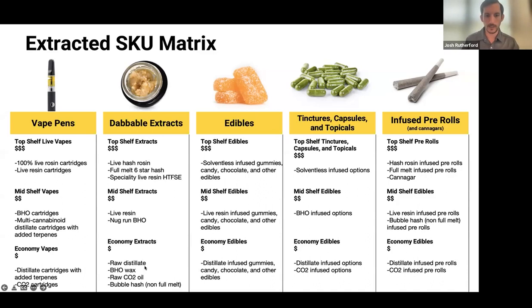Your raw CO2 oil, as discussed, is mainly going into vapes. You can make a syringe, same thing with raw distillate, and then reintroduce a small amount of terpenes so that it turns into a dabbable concentrate. It looks a little weird putting a syringe on your dab rig, but it's definitely a product that's out there.